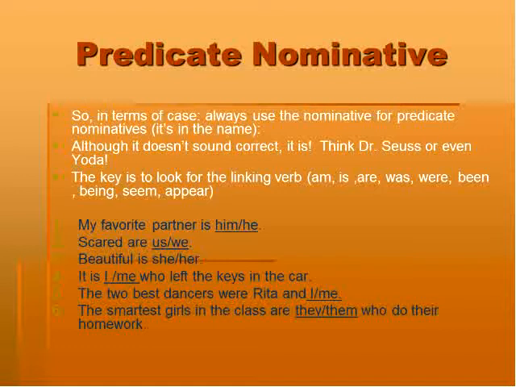Okay, so that's how you're going to know what your answers are. For this predicate nominative, you need to use the pronoun. So if you see this one on the list, that's what you're going to use: him or he, they only use he; us or we, they use we, not us. Okay, so you're matching it up.